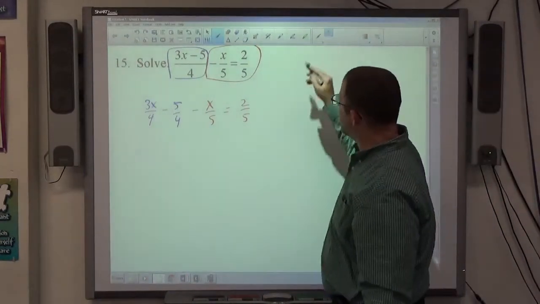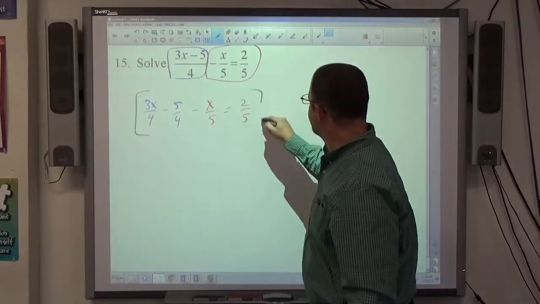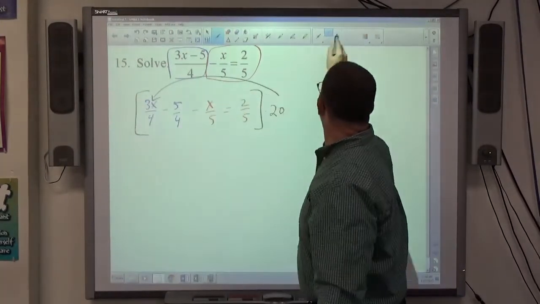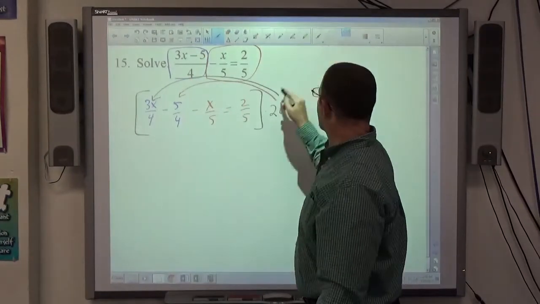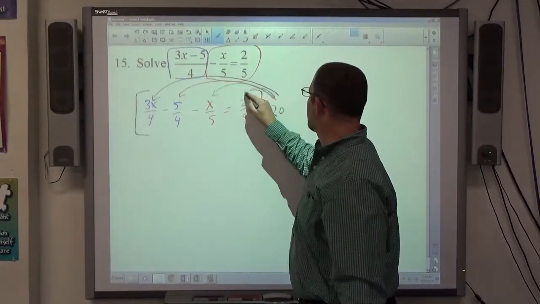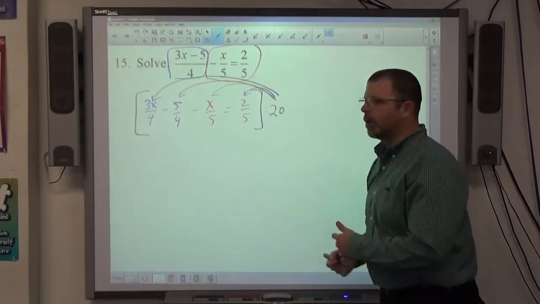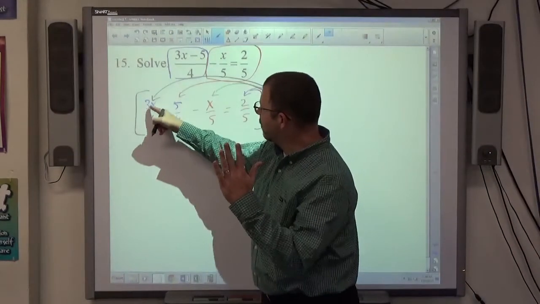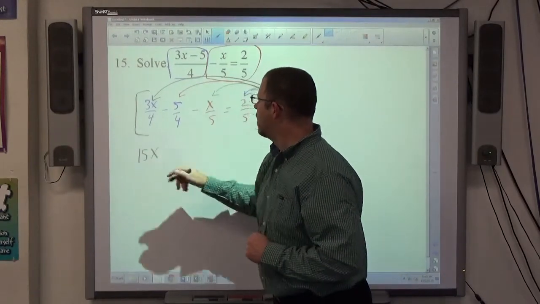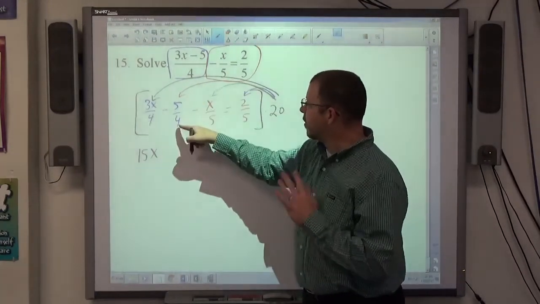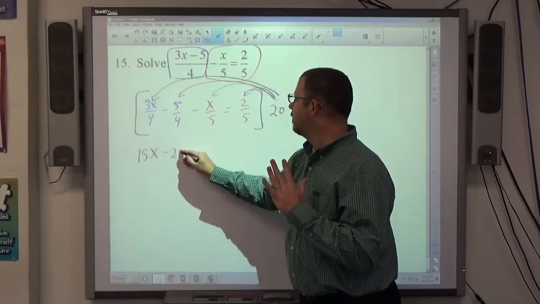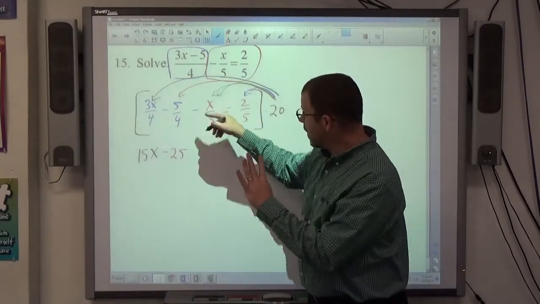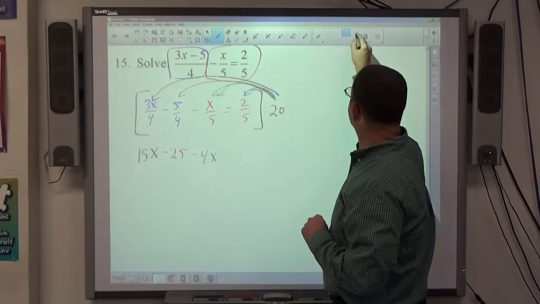And then, at this point, the common denominator being 20, we're going to multiply 20 times the first, 20 times the second, 20 times the third, 20 times the fourth. In each case, multiplying by 20 is first division, then multiplication. So 20 divided by 4 is 5, times 3x is 15x. 20 divided by 4 is 5, times negative 5 is negative 25. 20 divided by 5 is 4, times negative x is negative 4x.